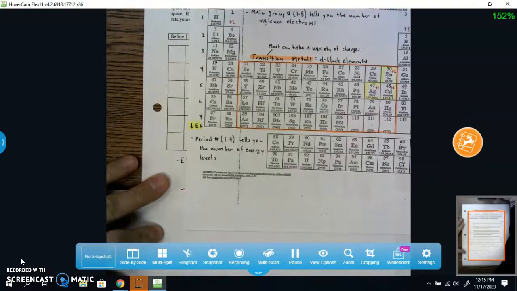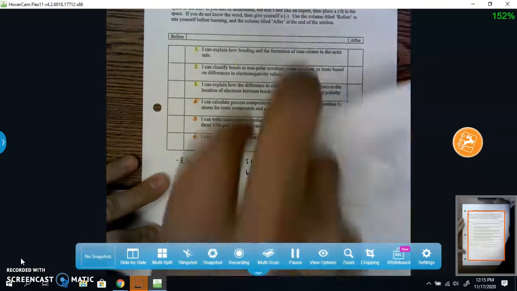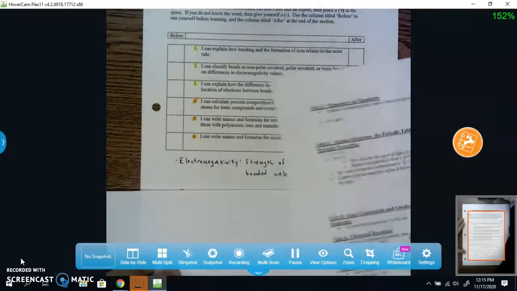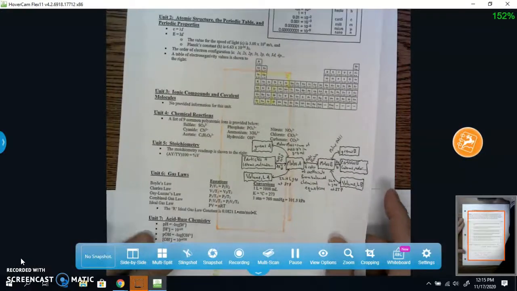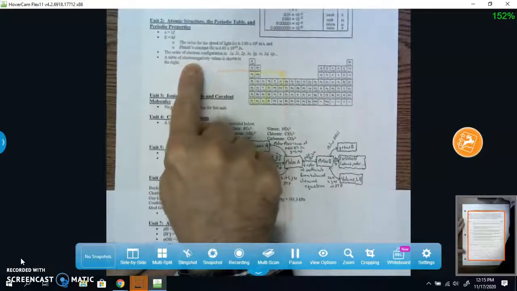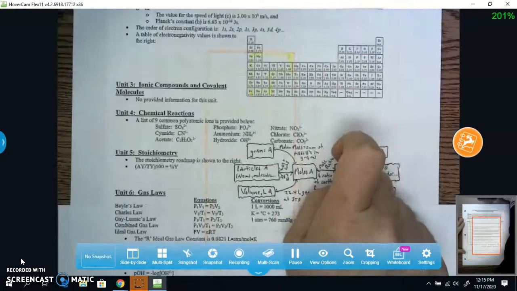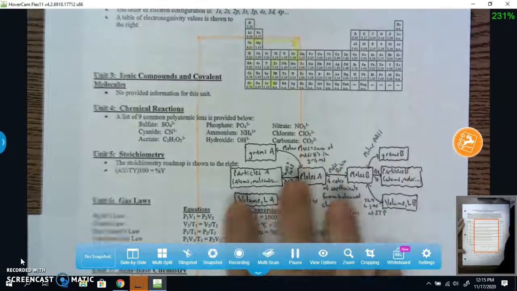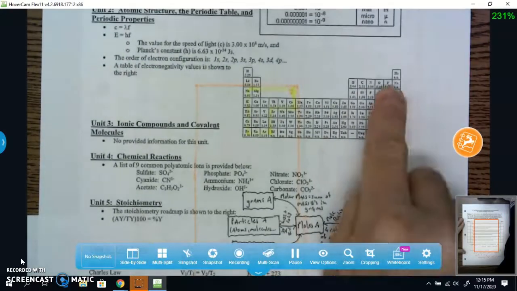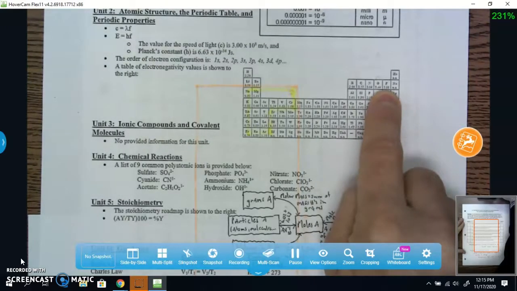If we flip this over to the back of the periodic table, you can take a look at this little periodic table on the back. This is a table of electronegativity values that's right here. I'm going to zoom in so that you can see some of these numbers. Now remember, in the upper right-hand corner, we wrote highest electronegativity. You can see that fluorine has the highest electronegativity on the periodic table.